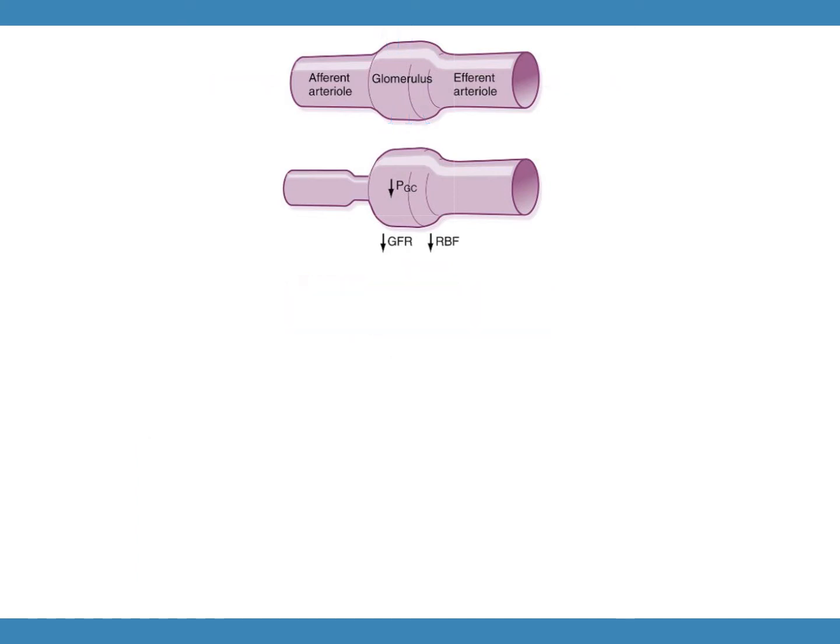Now, just to give you a clinical application of this, as you know, angiotensin II and the sympathetic nervous system can cause vasoconstriction primarily of the afferent arteriole. So when this happens, it will reduce renal blood flow and also reduce the GFR, which could be detrimental for the kidney.